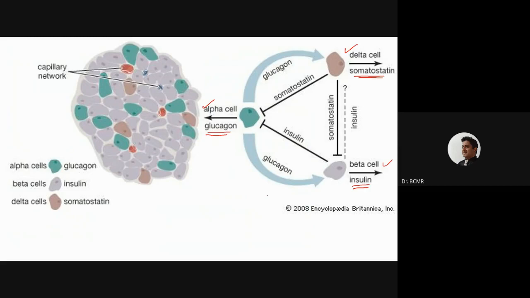Insulin production will inhibit the production of glucagon. Similar is the case with somatostatin. Production of glucagon by the alpha cell will stimulate insulin in beta cells and delta cells.